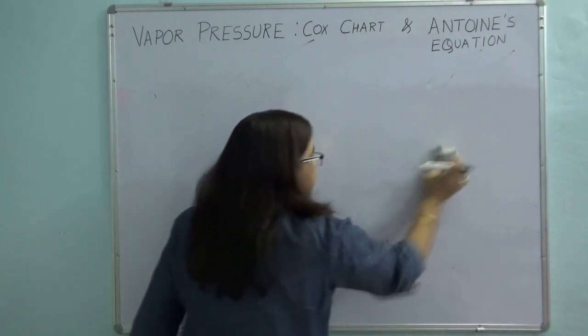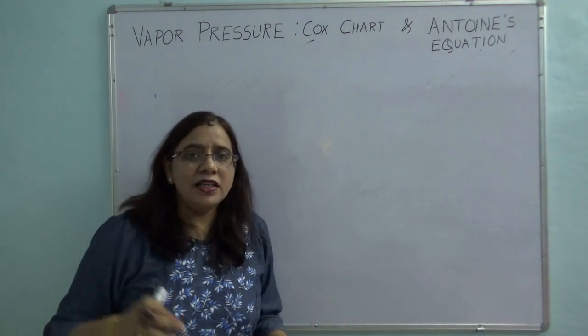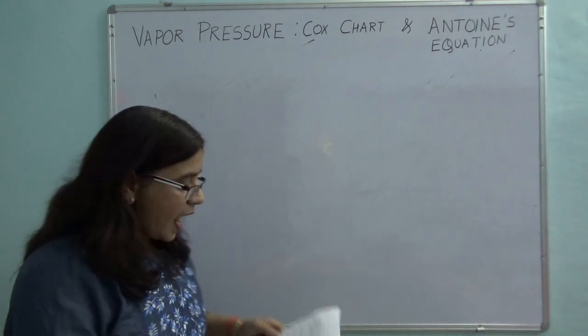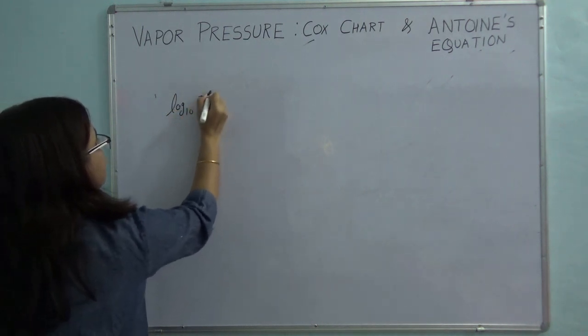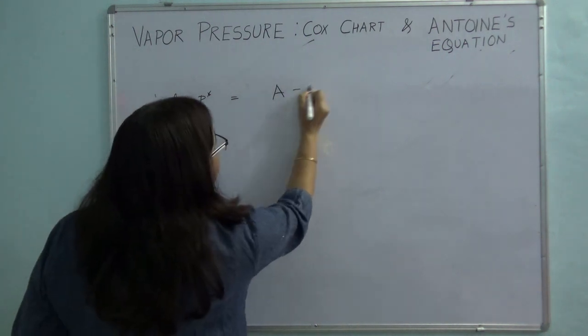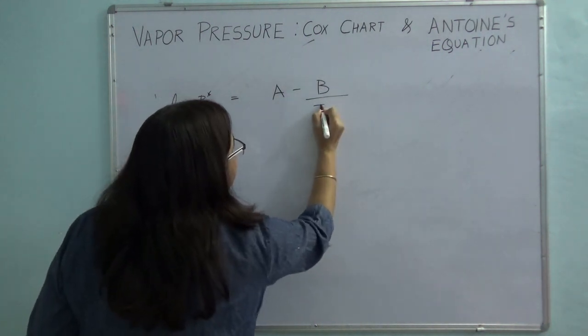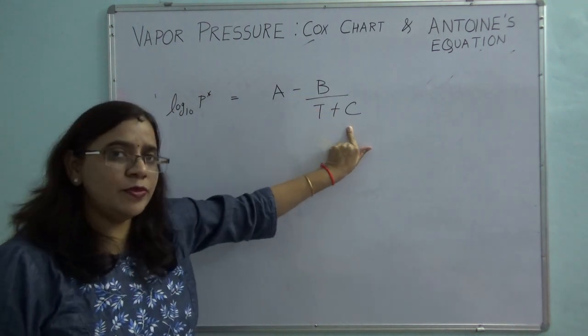Fine. And first of all, let's write down Antoine's equation, and this is an empirical equation. It takes the form of log base 10 of P star equals A minus B upon T plus C, where A, B and C are some constants.